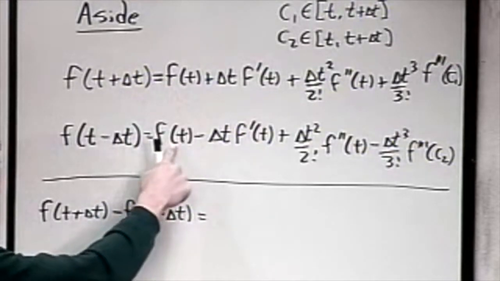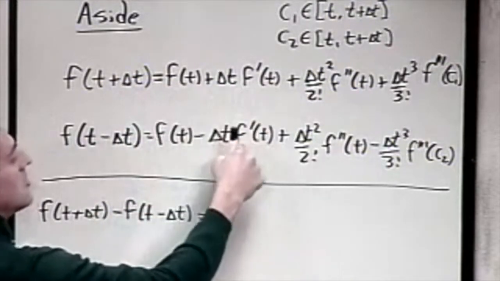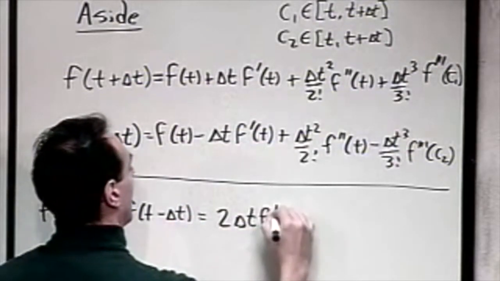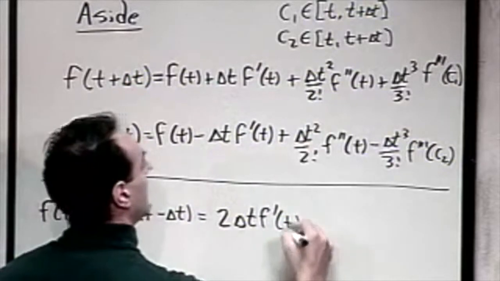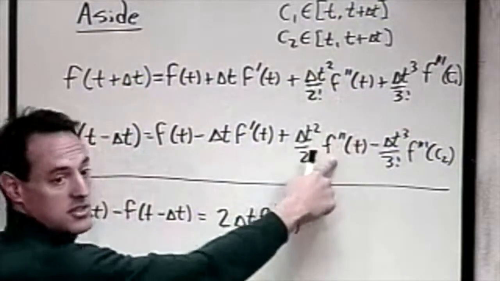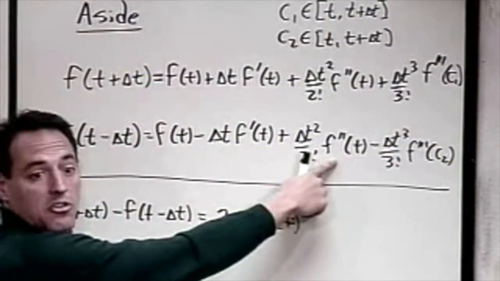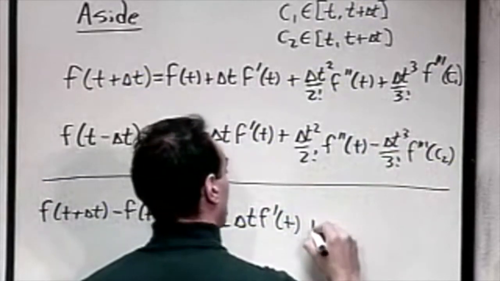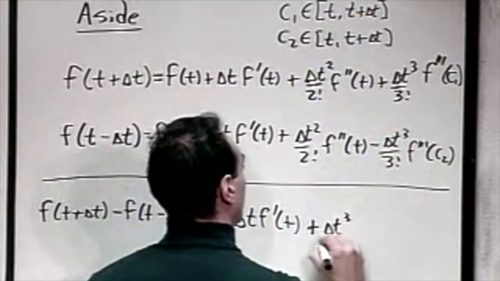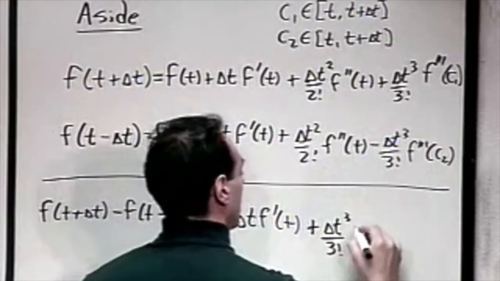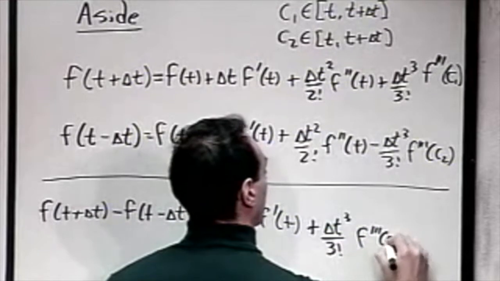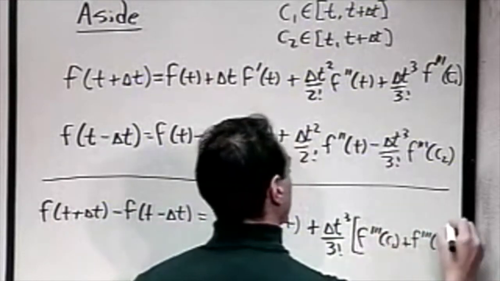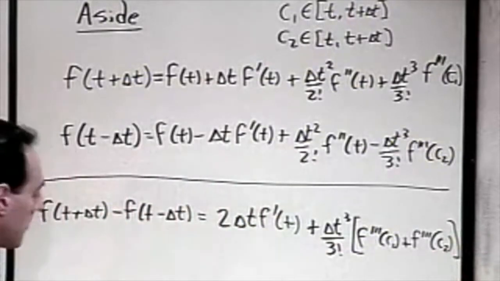That minus this is 0. That minus this gives you 2 of them. So it gives you 2 delta t f prime t. This minus this, they're the same. They subtract out to 0. And then this minus this gives me plus delta t cubed over 3 factorial times f triple prime c1 plus f triple prime c2, something like this.